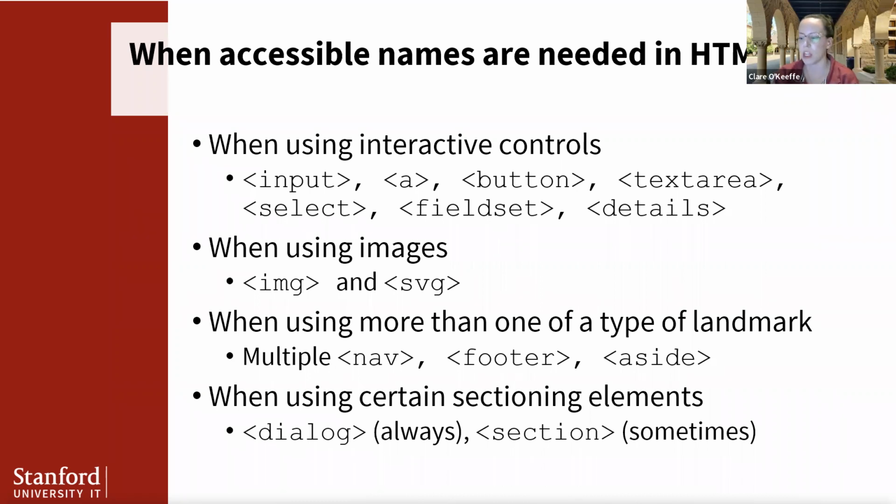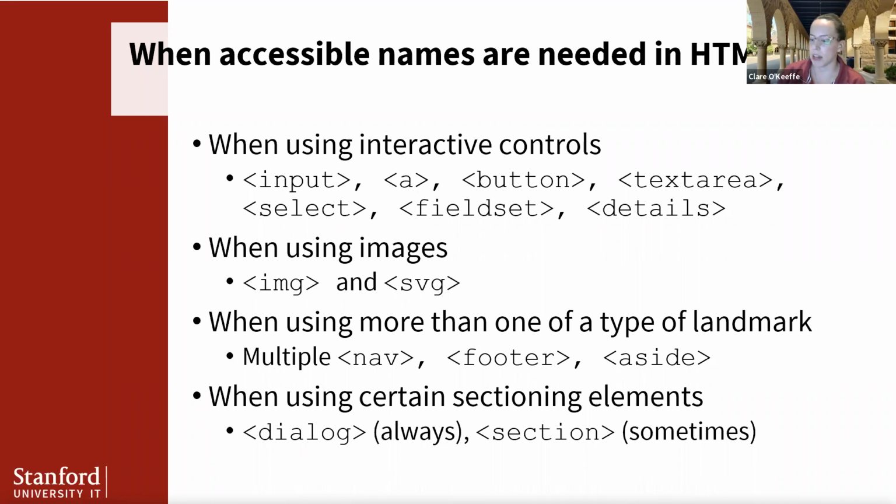So if you put each of those into a nav element, you'd want to label them to make them distinguishable. If someone's using a screen reader, they'd be able to tell what's the purpose of this particular nav that I'm in. Similarly, if you have multiple footers or multiple asides, you'd want to label them, give them an accessible name so that people can tell them apart.